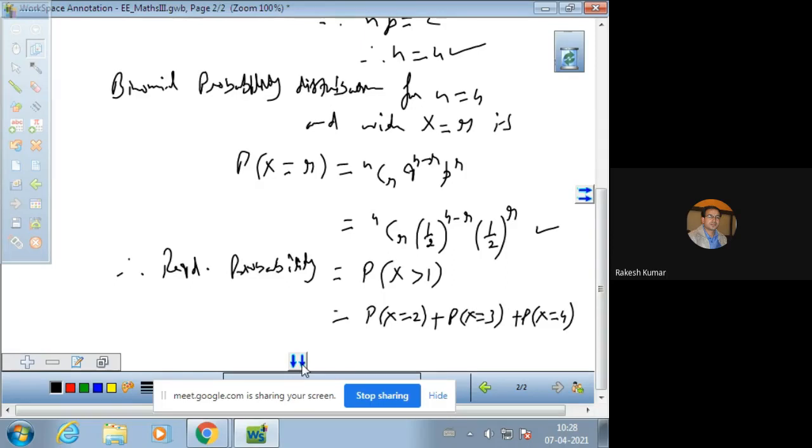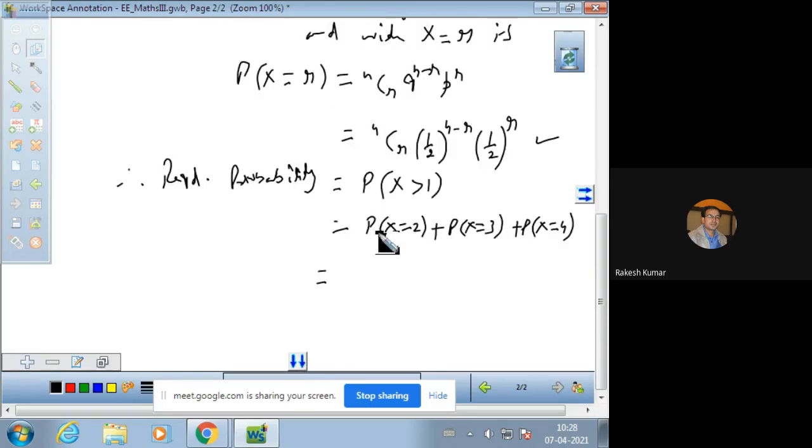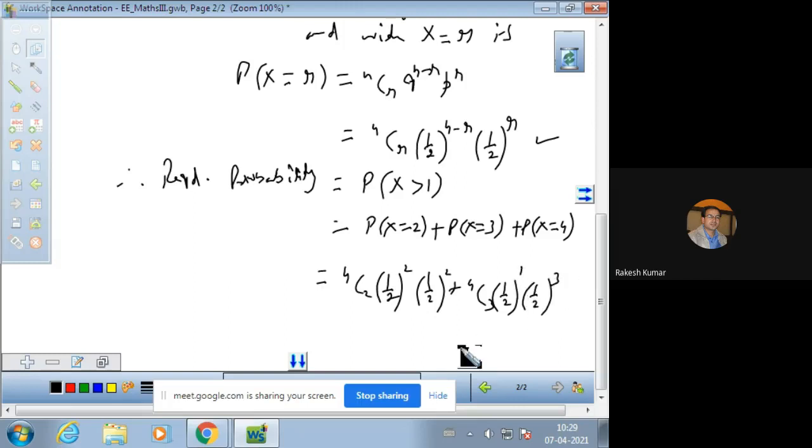Now you can put the values, and you will get probability x is equal to 2, it means you will have to use r is equal to 2 here. So 4C2 (1 by 2)^2 (1 by 2)^2 plus 4C3 (1 by 2)^1 (1 by 2)^3 plus 4C4 (1 by 2)^0 (1 by 2)^4 by using r is equal to 4 here.